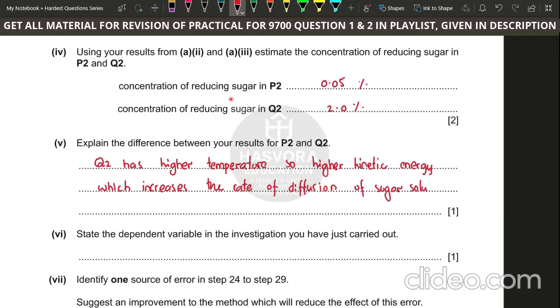Okay, hence the concentration of reducing sugar solution is higher. Okay, I just forgot the reducing here. So reducing sugar solution, and this will be your answer.